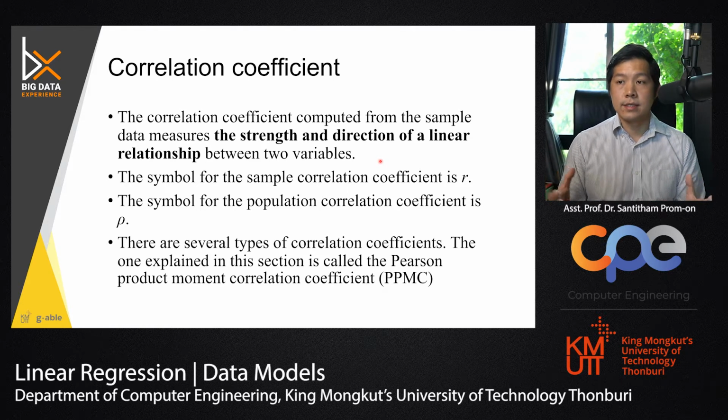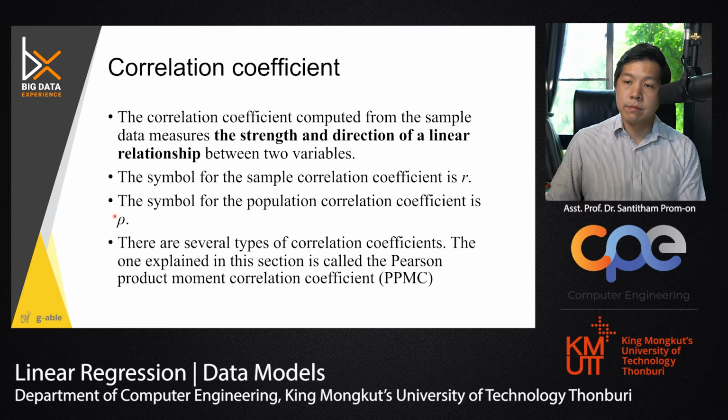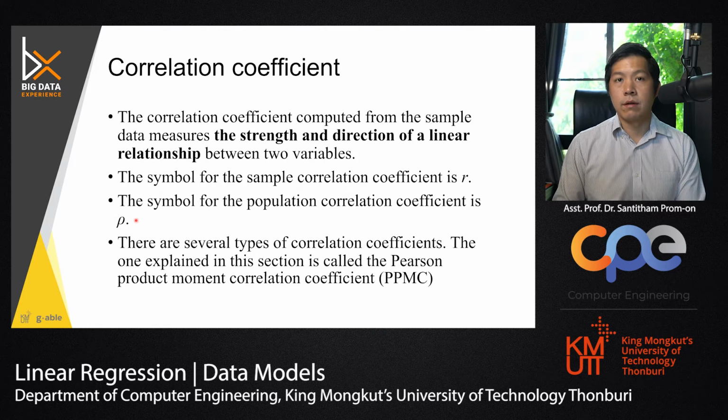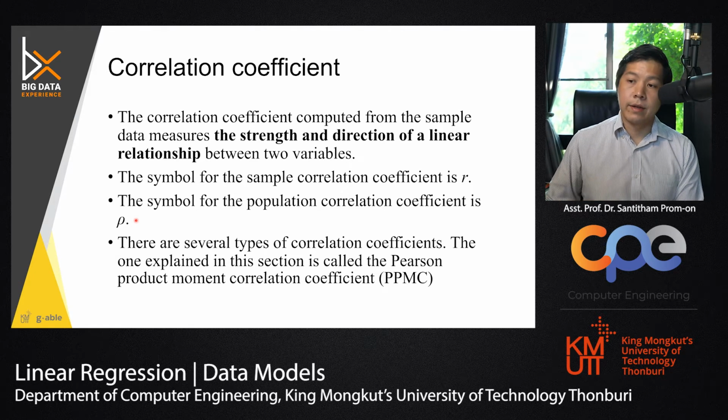Basically, it's just that, right? And we usually use the symbol r to denote sample correlation, and the symbol rho to denote the population correlation. The statistical derivation of this would be covered, I suppose, in statistics, the course that you are learning right now as well.